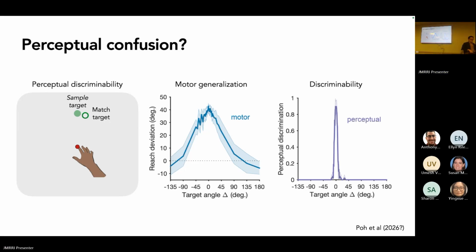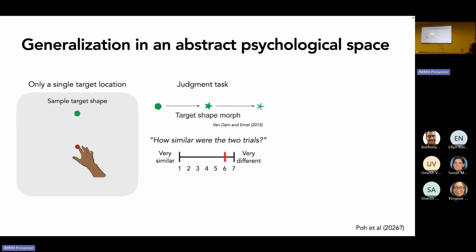Okay. All right. So now with this, what we really wanted to do was say, let's take it totally to an abstract space. So if we change something superfluous in the task, right, can we change the pattern of generalization? Like before, it was linked to the directions that we've been moving. And so that's what everybody thinks it's coded in, kind of the muscles or the joint space, right, or the extrinsic workspace.